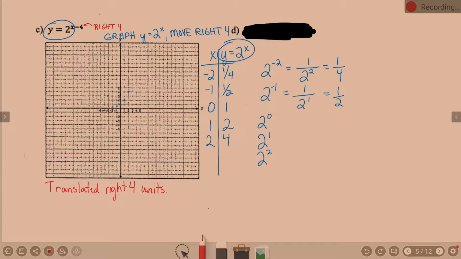So, if I start with the dot I just ended at, I was at 2, 4. If I move it right 4, I end up at 6, 4. 1, 2. I move that right 4, I end up at 5, 2. 0, 1. If I move that right 4, I end up at 4, 1.